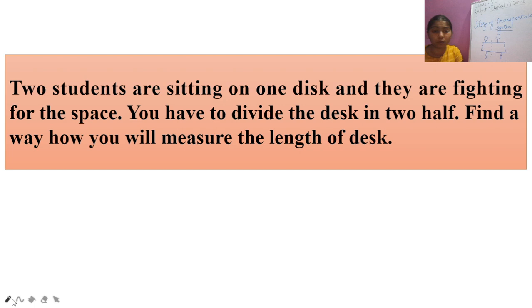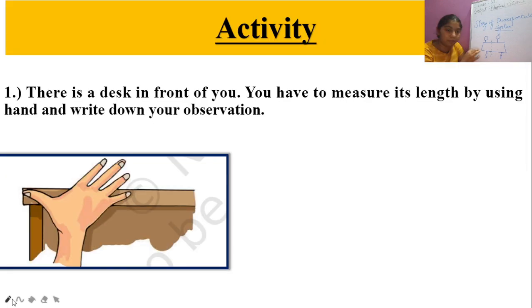Yes, let's see, we have an activity. So there is a desk in front of you. Let's say, let me consider this as a desk. Okay, there is a desk in front of you. You have to measure its length by using your hand. So you have to use your hands for measuring. Okay, write down your observation.